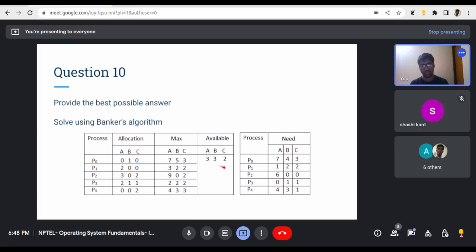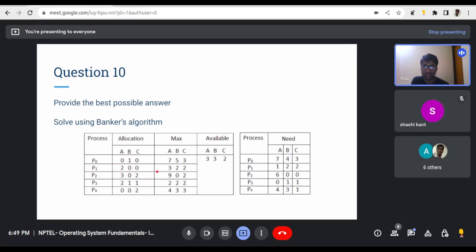After that process has completed its execution, it will release all the resources that it was holding. Instead of applying that two-step process, what you can directly do is sum the available with the allocation.